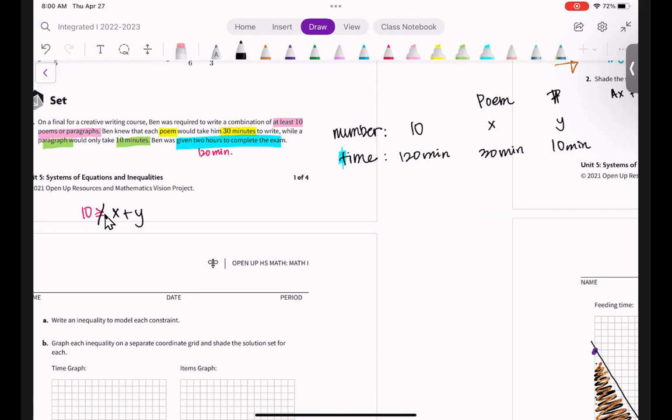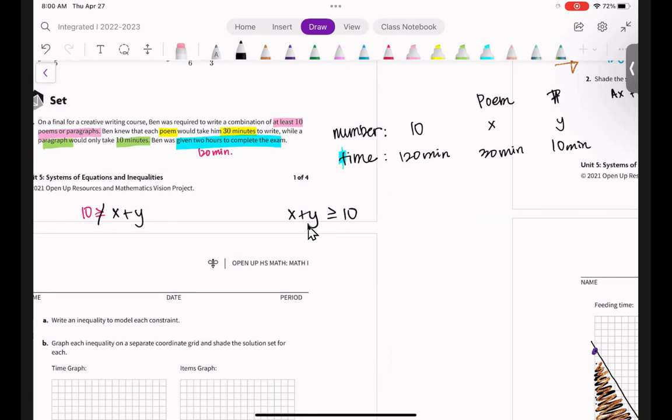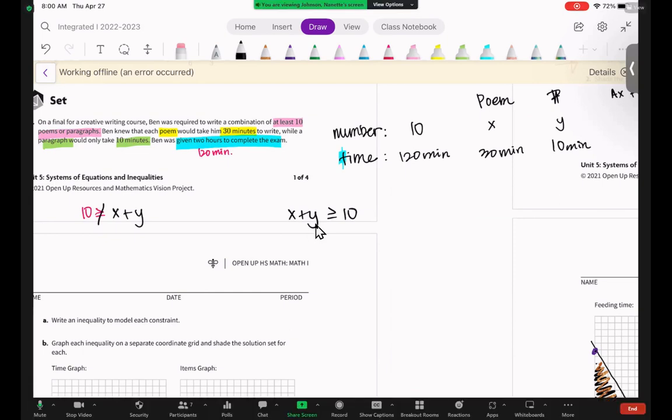So if you want to do it, you can go X plus Y is greater than or equal to 10. And you guys are thinking, hey, Ms. Johnson, it's the same symbol. Yes, but I switched where X plus Y is, right? So this says X plus Y, the number of poems and paragraphs, has to be at least 10. Okay. So that's one of them.